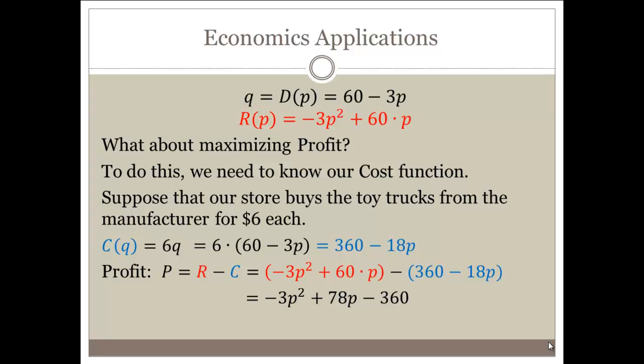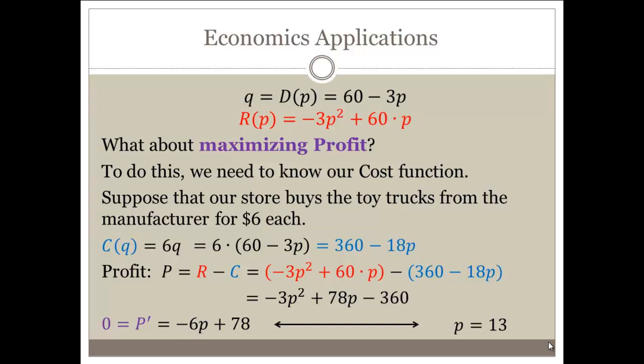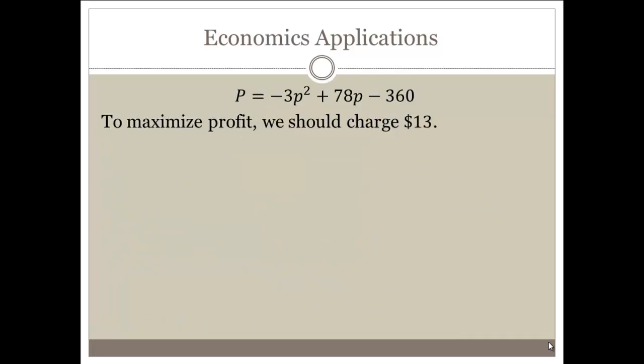Now that we know our profit function, we can maximize it by finding when its derivative is 0. Computing its derivative, we get negative 6P plus 78. And solving this equation for P, we get that P equals 13. So to maximize profit, we should charge $13. And what is the maximum profit we can have?